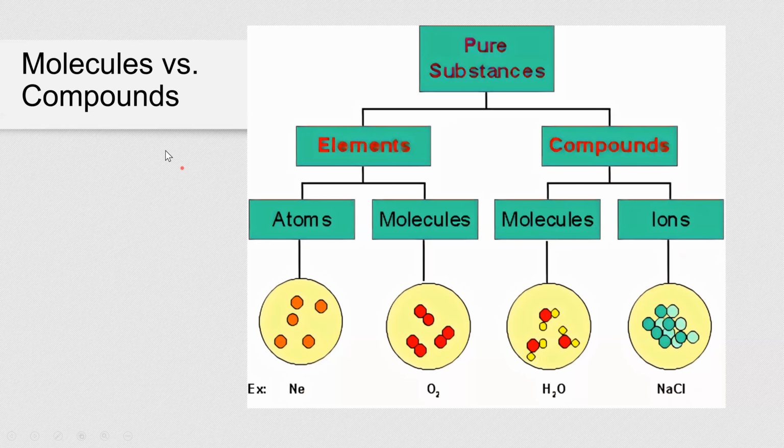So the point is molecules can be made of the same atoms, like oxygen, like the hydrogen molecule, or molecules can be made of different atoms, like over here, hydrogen and oxygen in a fixed ratio, right? But the bond between those atoms is a covalent bond.